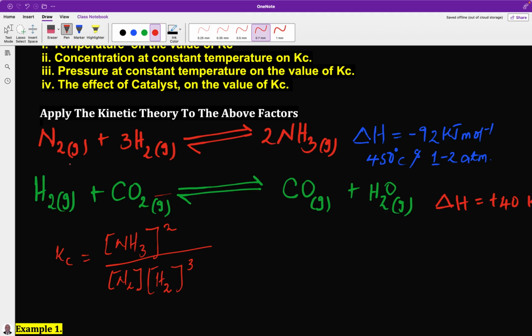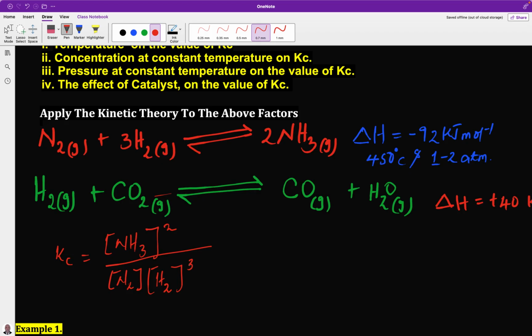More of the reactant than the product. And when there's more of the reactant than the product, the Kc will drop, because Kc is equal to the concentration of the product raised to the power of their coefficient divided by the product of the concentration of the reactant also raised to the power of their coefficient.